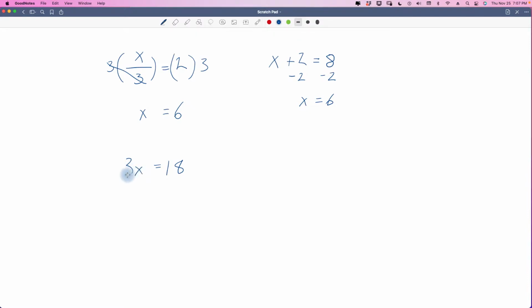Well, this is multiplication, so the inverse is division. When we divide both sides by 3, we get that x is equal to 6. Or maybe we had a problem where x minus 3 is equal to 3. We would add 3 to both sides, and we would find that x is equal to 6.